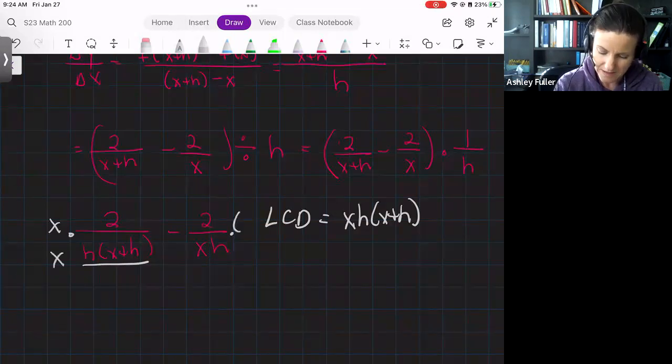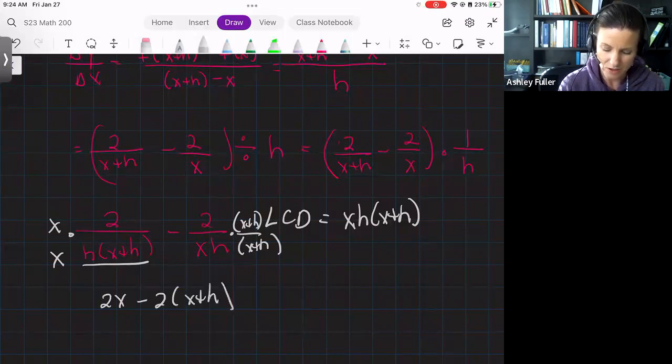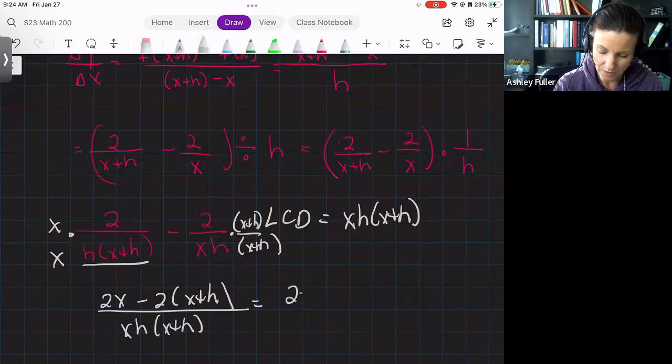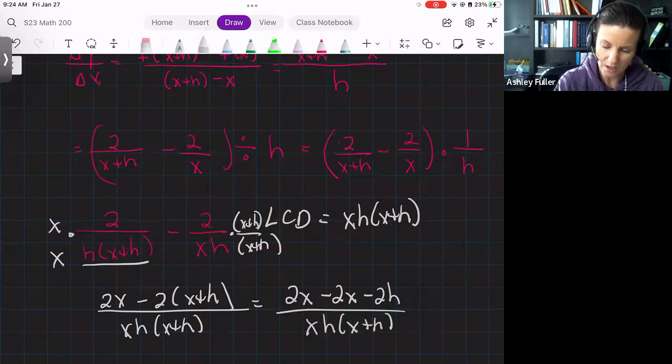In this case, we're missing the x plus h term, so we multiply top and bottom by that. This results in 2x minus 2 times x plus h, all over xh times x plus h. When we distribute, we get 2x minus 2x minus 2h over x times h times x plus h.